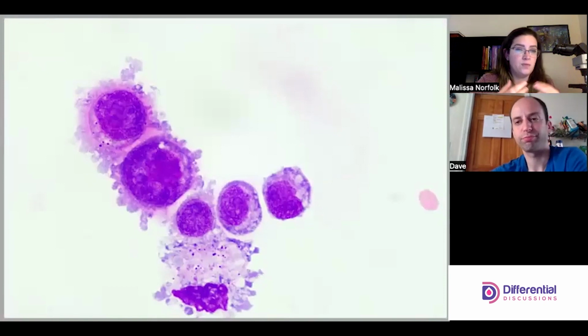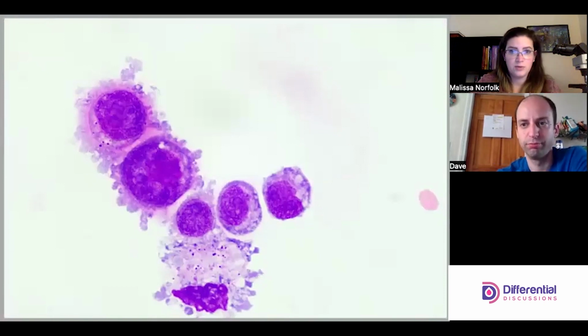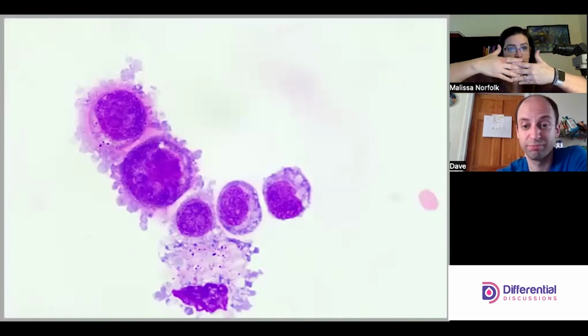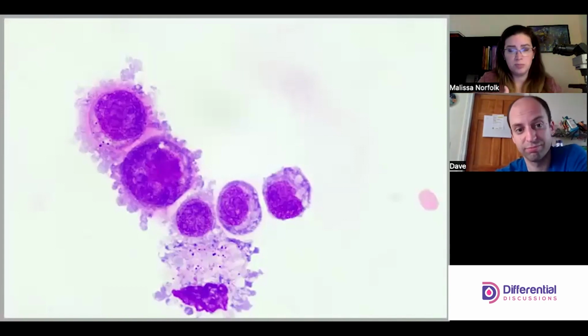Having weird nuclear undulations, a darker chromatin pattern where you're unable to see detail, ugly shaped nucleoli, really ugly blebbing, not the nice blebbing of lining cells, and deeply basophilic cytoplasm. All of these things lend themselves to these being malignant cells. Yeah, 100% agree.